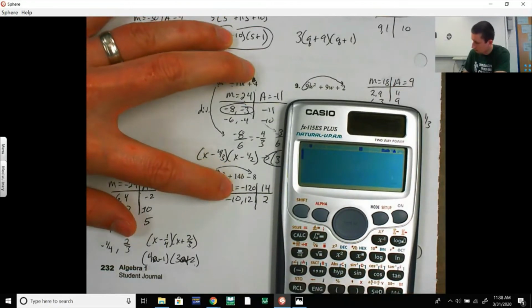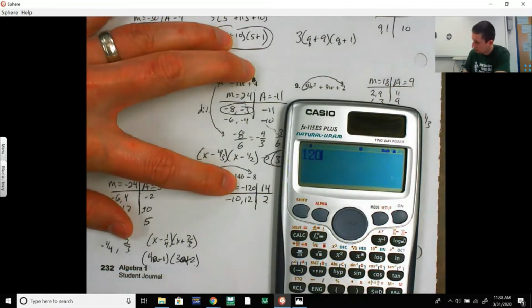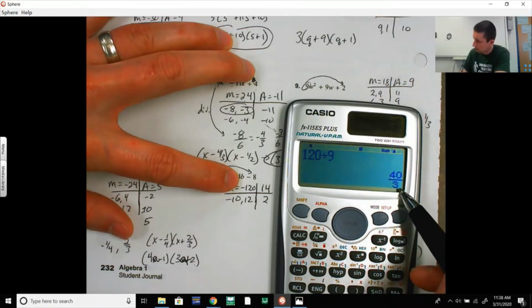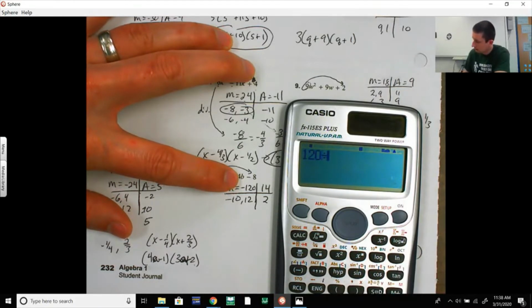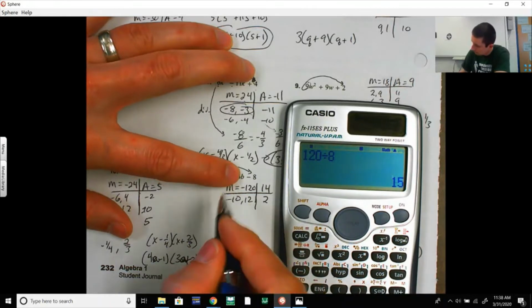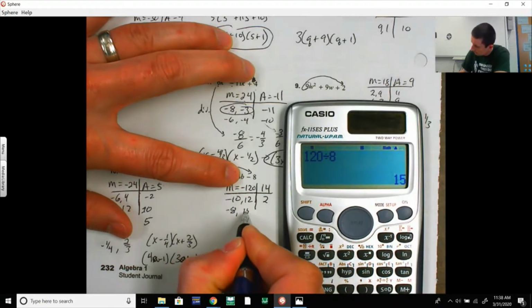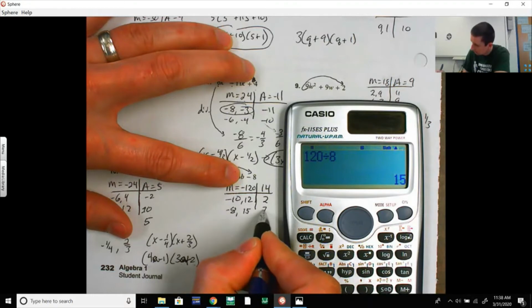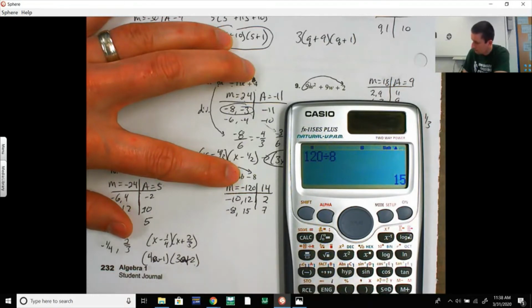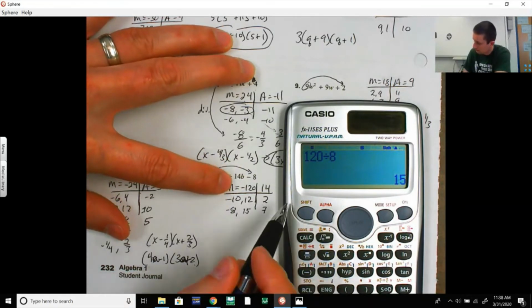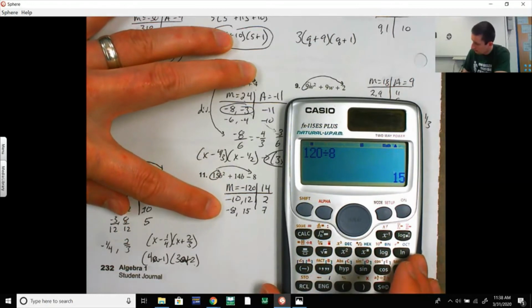So let's try 6. And if you have a hard time, just start figuring out numbers. You're like, okay, 9. Does 9 go into it? So do 120 divided by 9. Not evenly. Okay, so 120 divided by 8. Try that. 15. 8, 15. If we do negative 8 and 15, that adds to 7. Remember, one of them has to be negative. 7, you think 7 goes into 120?